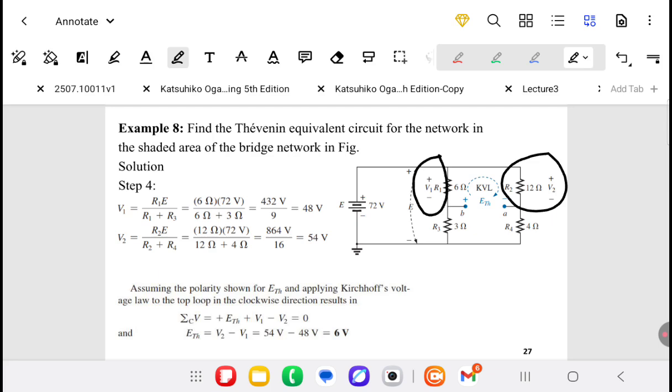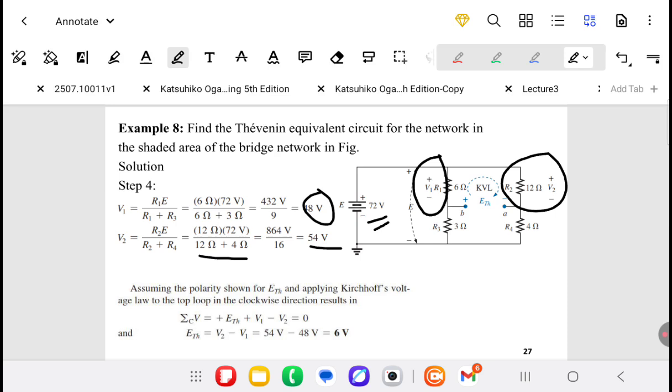V1, we can get it with the voltage divider of 72 volts across R1 and R3. We multiply E times 6 divided by 6 plus 3. We get 48 volt, which is V1. And then we get V2, which is equal to the division of the 72 volt across 12 and 4. We get 72 times 12 divided by 12 plus 4, which is equal to 54 volt.